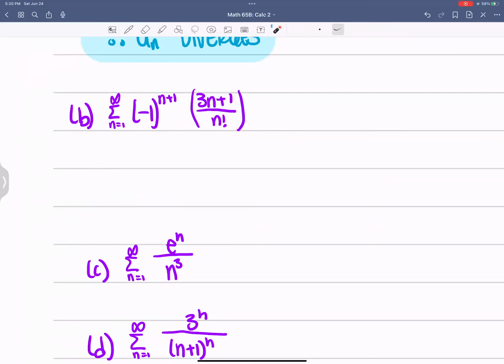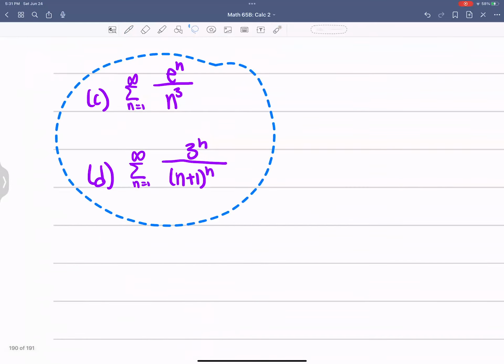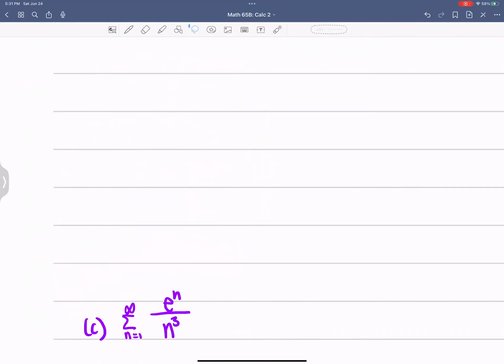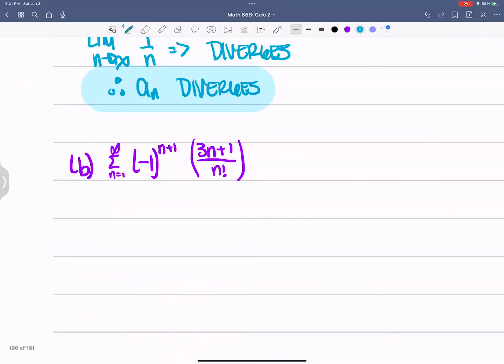The ratio test tells us to look for rho, equal to the limit as n approaches infinity of the absolute value of the n plus 1th term over the nth term.